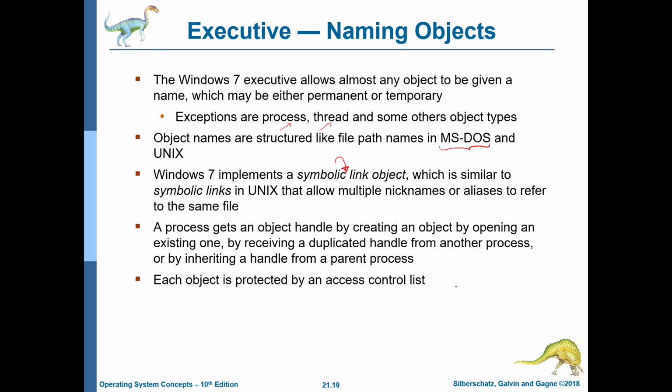The same way that we have symbolic links in Windows and in Linux, the idea is the same. In Linux, of course, symbolic links refer to actual files. In the case of Windows, since everything is an object, they refer to objects.